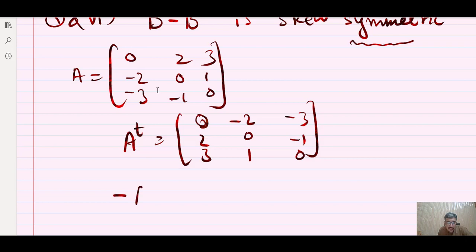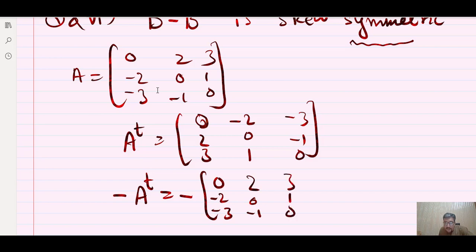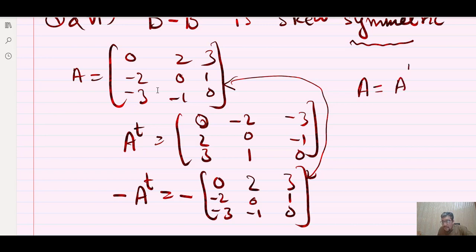So it will be minus A transpose is equal to minus, 0, change the signs, minus 2, minus 3, 2, 0, minus 1, 3, 1, 0. Now it is the same. What we have done is either taken the minus as common, or multiplied it with the minus sign. So in skew symmetric, if you have a matrix and you take its transpose and a negative sign is also with it, it is known as skew symmetric.